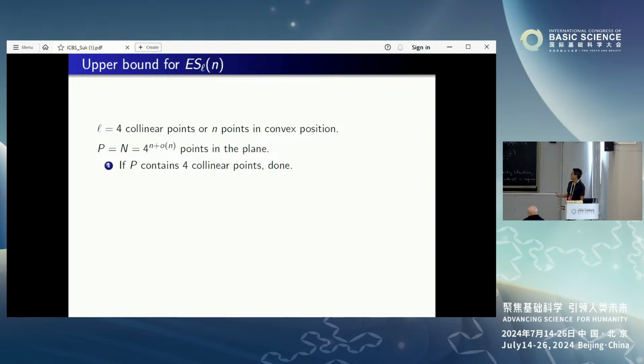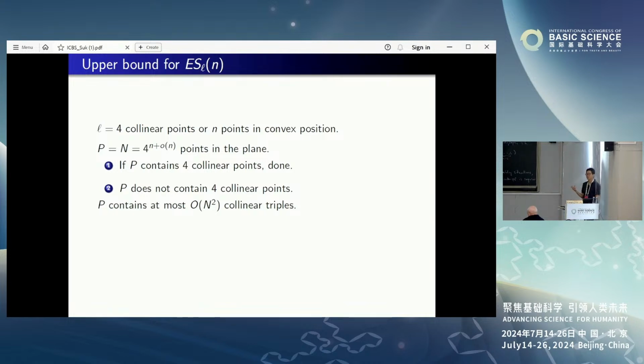Therefore, we can take a trace of collinear random points out of these points. Randomly they will be in general position.